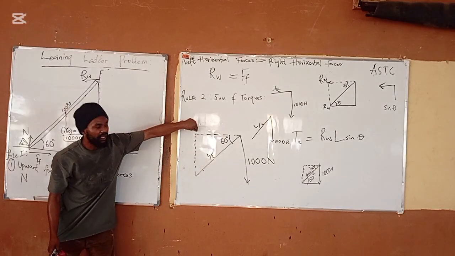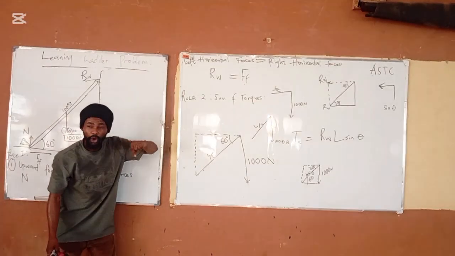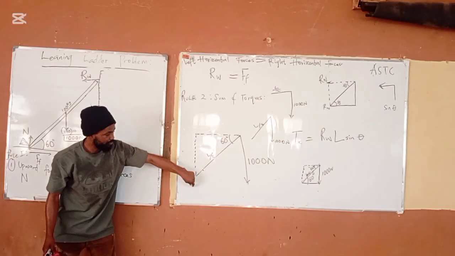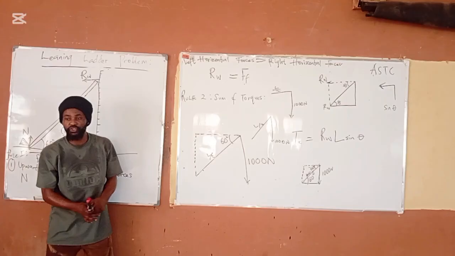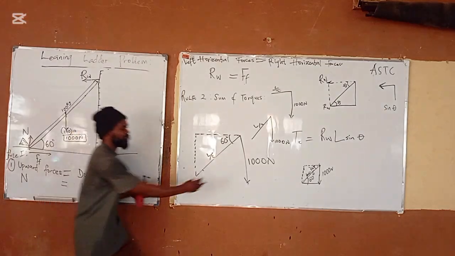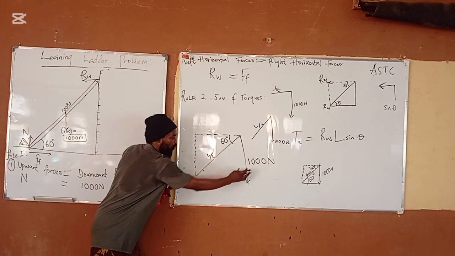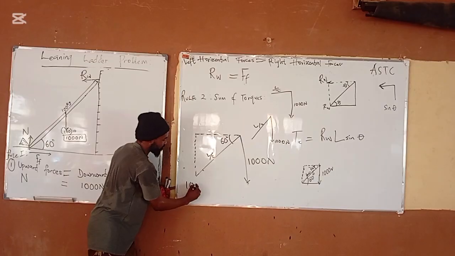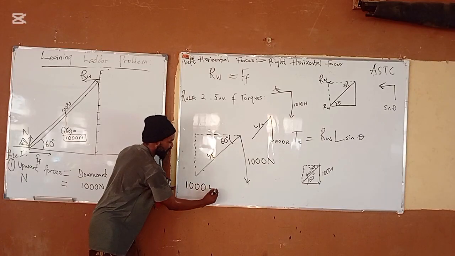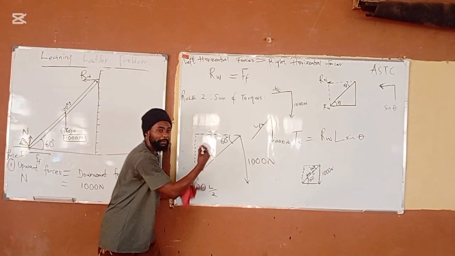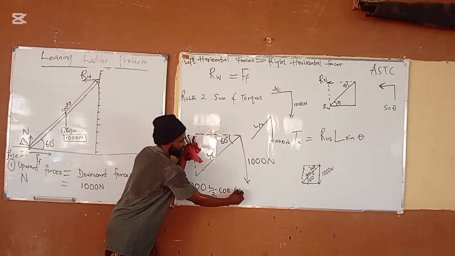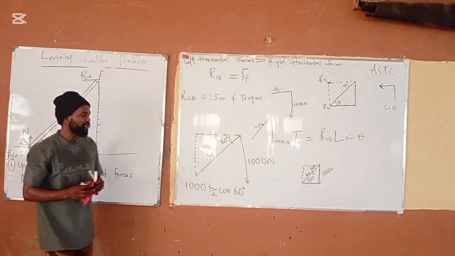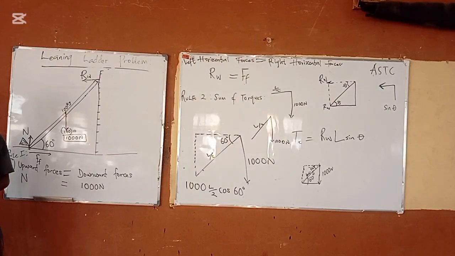So moving this now, am I closing the angle or opening the angle? I'm closing the angle, and towards the angle we use cos. So the torque now will be 1000, that is force, and distance, making it perpendicular distance will simply be cos 60 degrees. Are you seeing it?